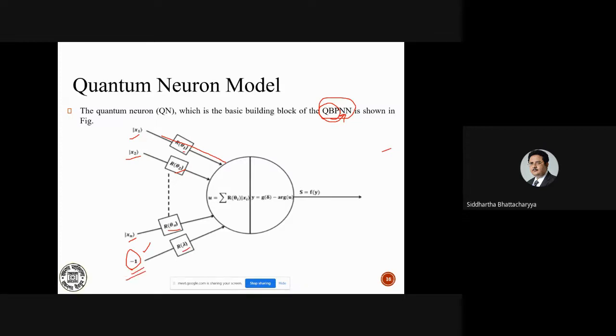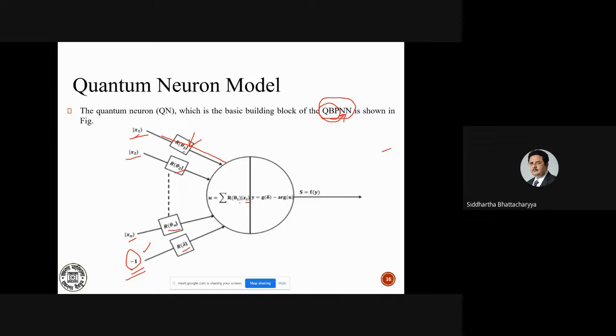Okay. So ultimately the rotation gates which we are discussing have been put over here to represent the connection weights. And these are the qubits coming in. What happens over here is a similar expression: you are applying the individual rotation gates on these qubits.